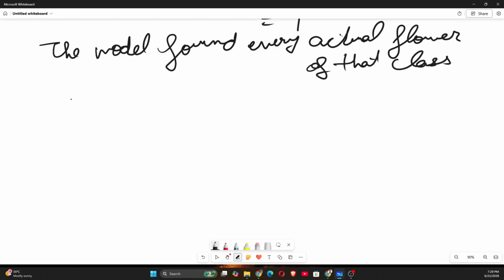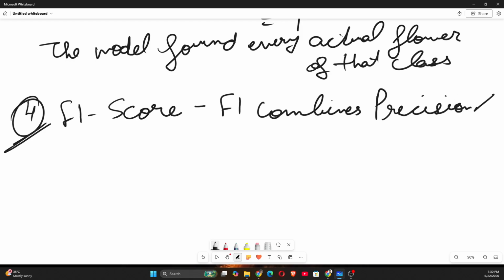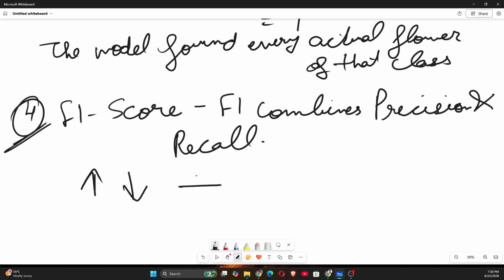Okay, now F1 score, which is very important from the point of view of interviews and for understanding also. F1 score combines precision and recall. So if one is high and another is low, the F1 will also decrease. That is the main thing.